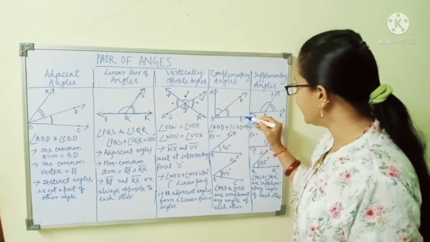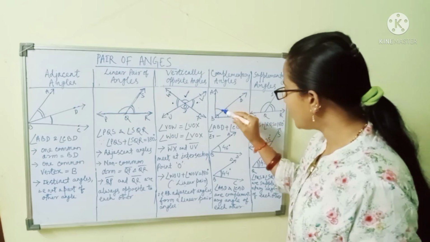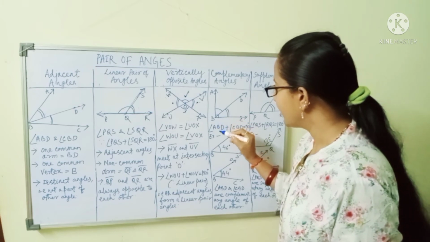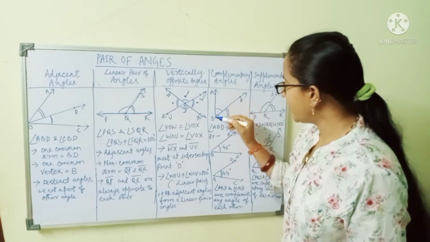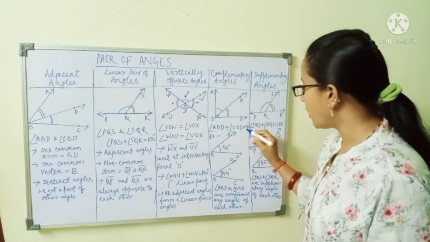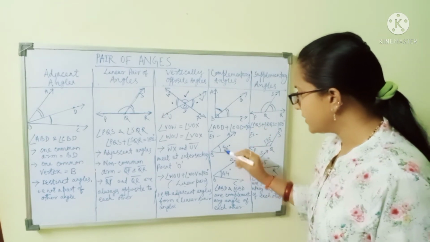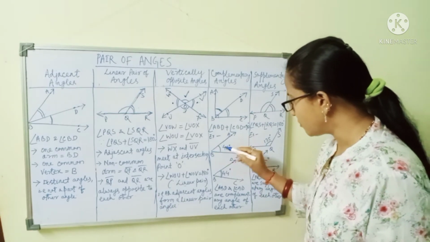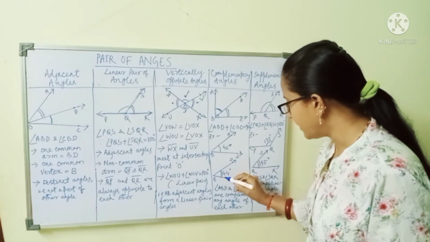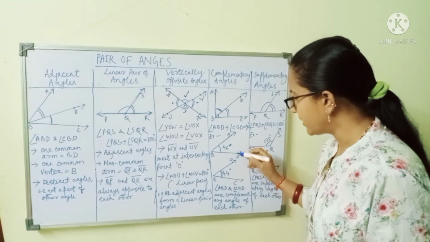In complementary angles, you can see they form 90 degrees. If we add the two adjacent angles together, they make 90 degrees. So the ABD angle plus the DBC angle, or CBD angle, is always equal to 90 degrees. Drawn separately, if the ABD angle is 46 degrees and the CBD angle I take as 44 degrees, adding together gives 90 degrees.